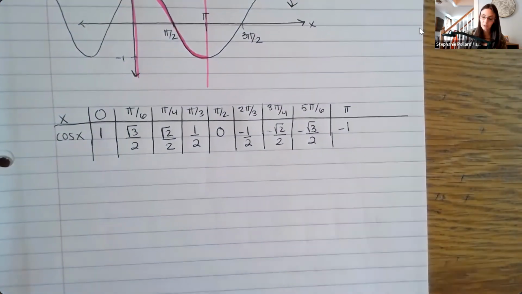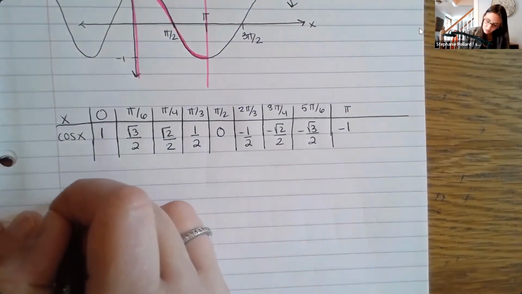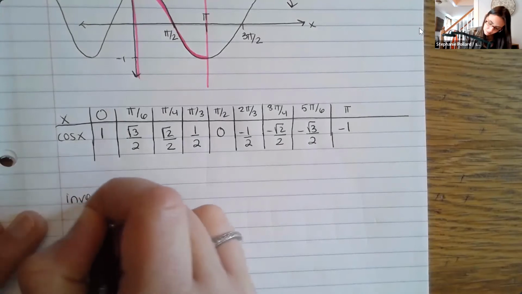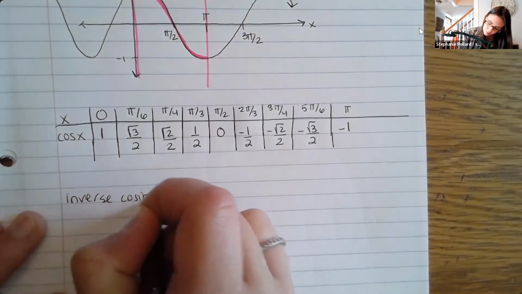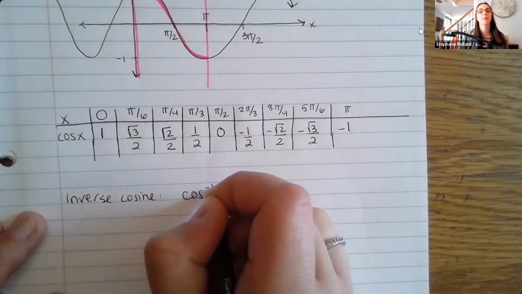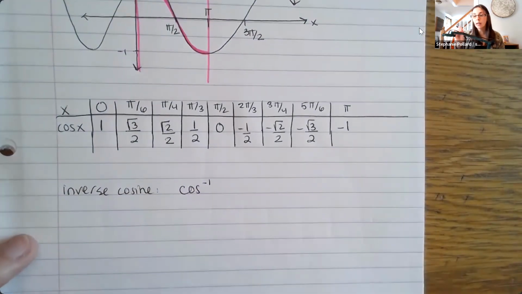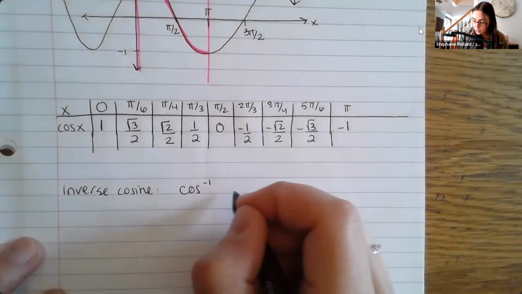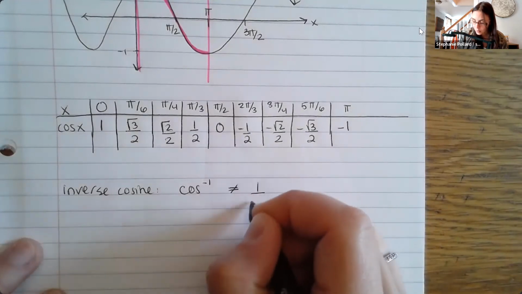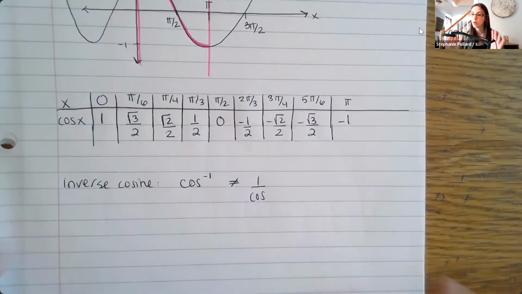And we're going to do the same thing with our inverse function. So for our inverse cosine, you're going to see that same notation, cosine with a -1. And again, please remember this is not the same as 1 over cosine x. Totally different things here.